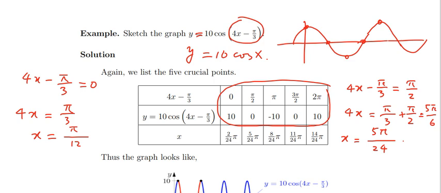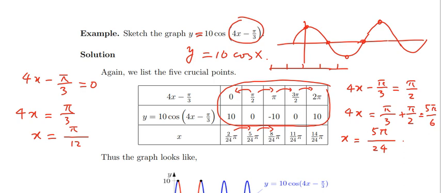The better way is to notice those 5 points are the same distance apart: 0, pi over 2, another pi over 2, another pi over 2. From here to here, the distance is pi over 2, and from here to here it is also the same distance.